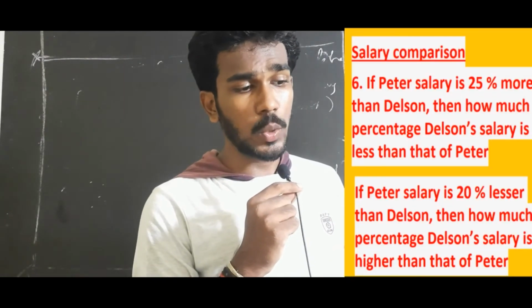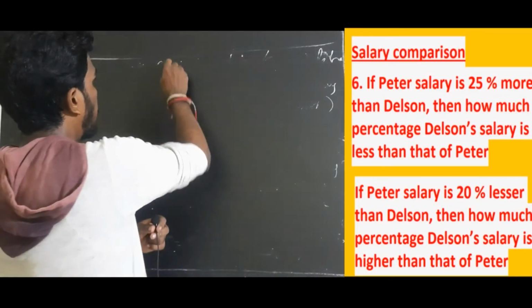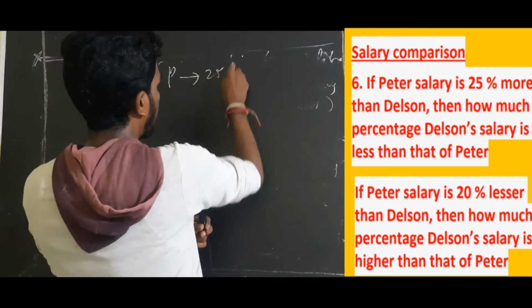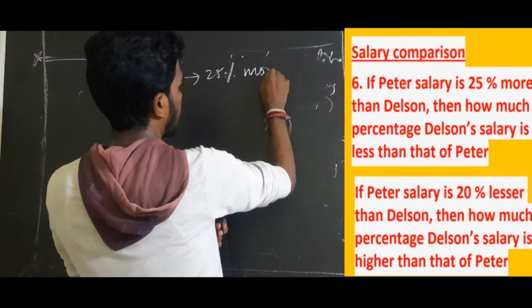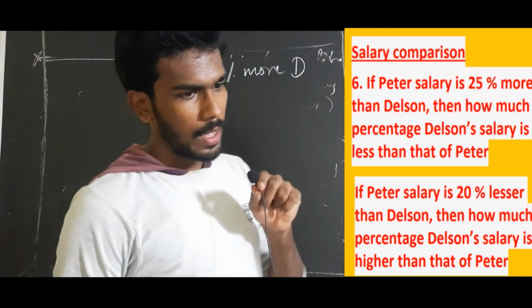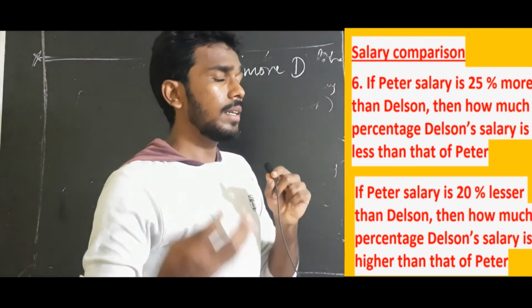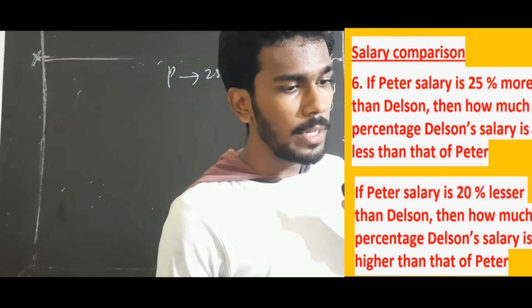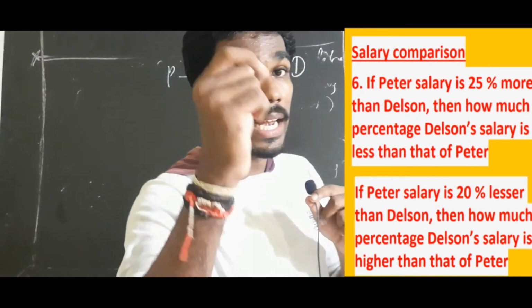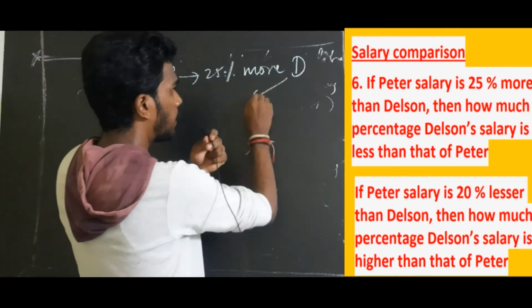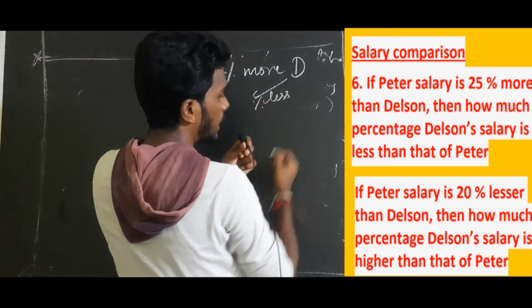If Peter's salary is 25% more than Delson's, so Peter is earning 25% more than Delson. It obviously shows Peter has more income. How much percentage is Delson's salary less than Peter's?